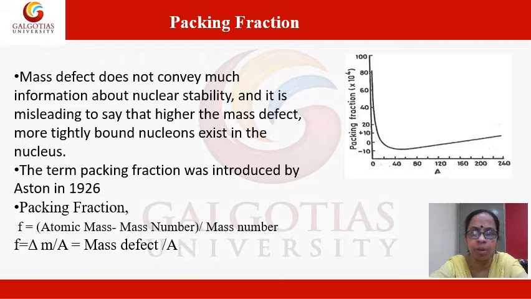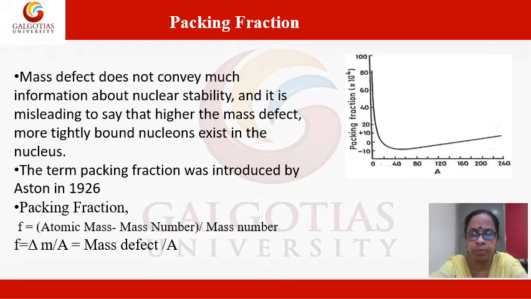Next we will discuss packing fraction. So far we have discussed mass defect, but it does not convey much information about nuclear stability. It is misleading to say that the higher the mass defect, the more tightly bound the nucleons in the nucleus.